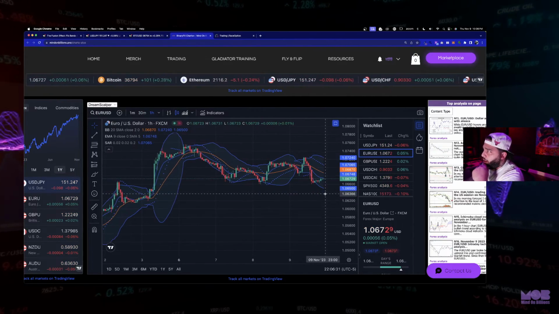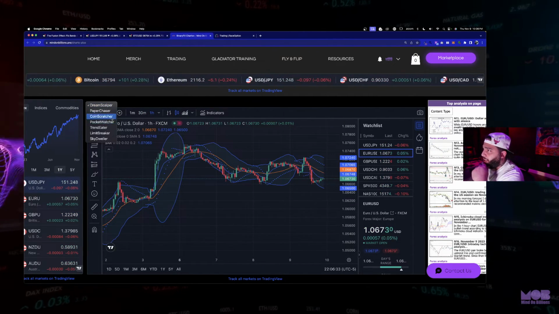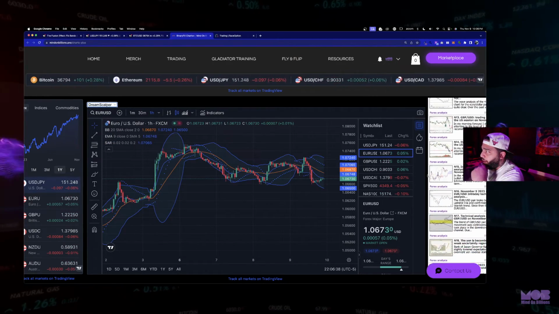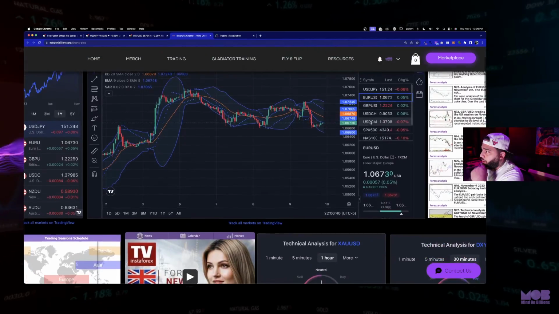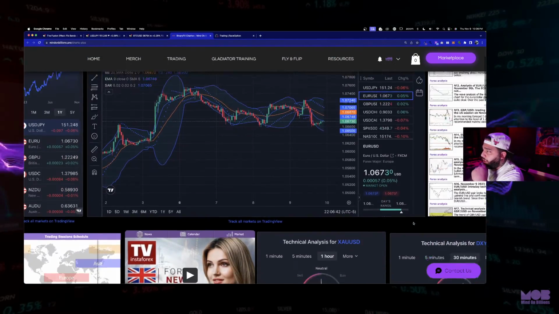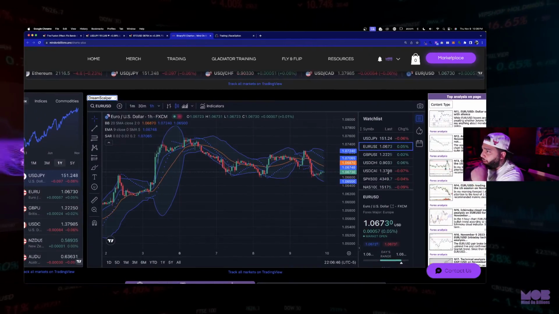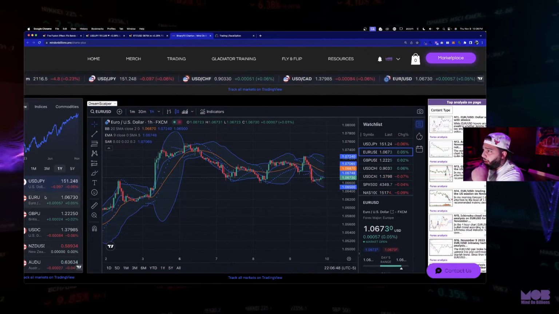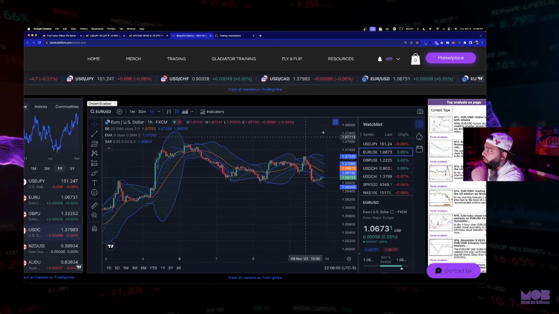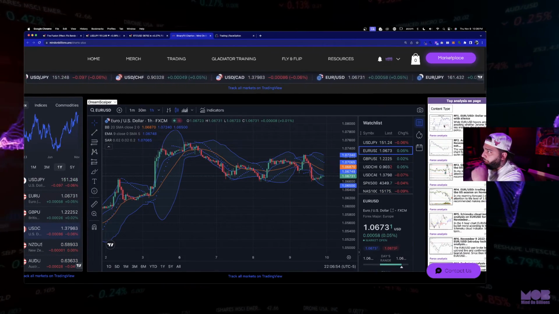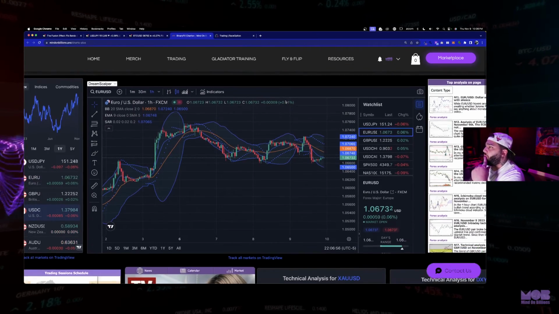What I like to do, I already have my chart set up with my templates already here, ready for a quick switch on it. Got my asset strength meters right there. I can also take a look at what's going on over here. I can also look at some of these analysis, news as well.